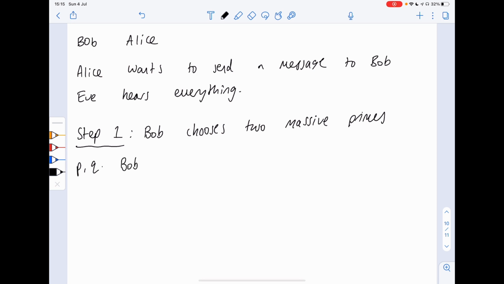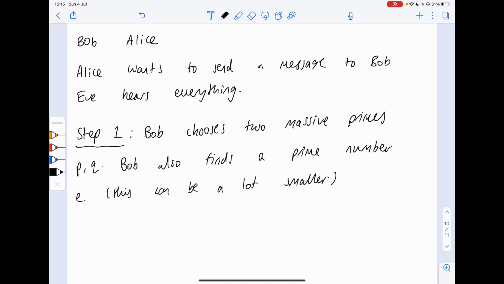Bob also finds a prime number E, this can be a lot smaller. So this could be kind of 7 or 5 or something.